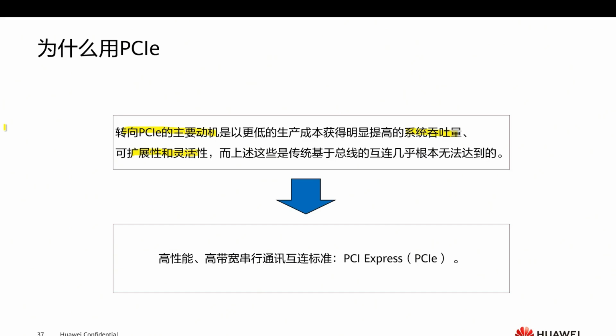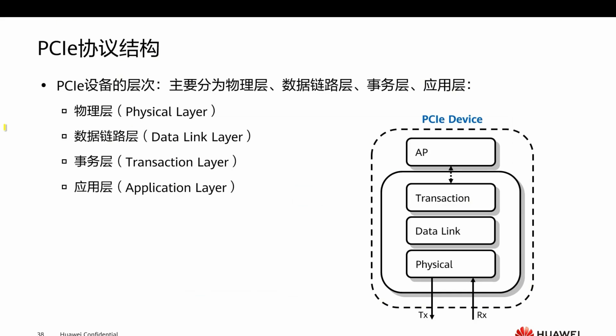In the PCIe bus architecture, the physical layer mainly determines the physical characteristics of the bus. In the future development process, it can further improve the performance of the PCIe bus by increasing the speed and changing the encoding and decoding.